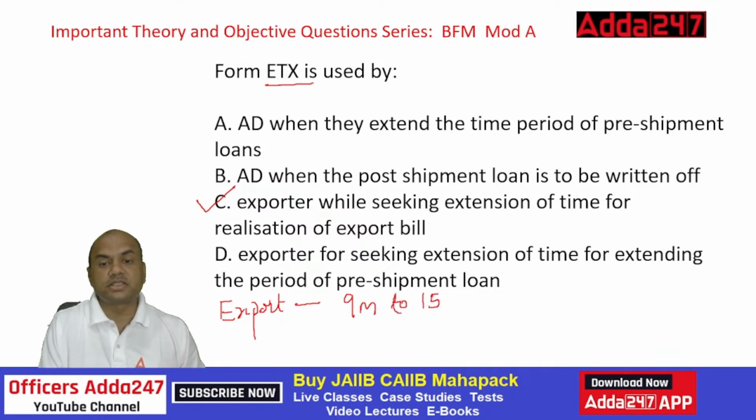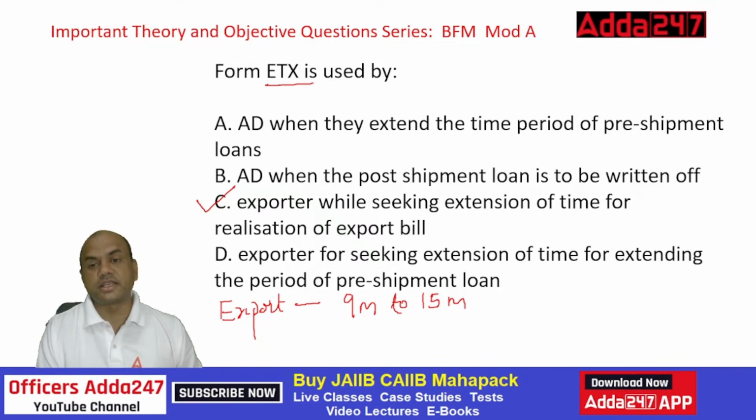Means 15 months is the ultimate last end, but mainly it should be 9 months only. So this 9 months is an important period. If I don't get it within, let's say, maximum 15 months, then the exporter will have to seek an extension form.